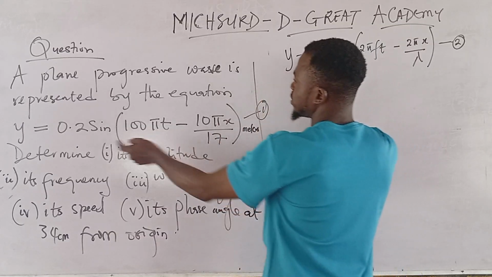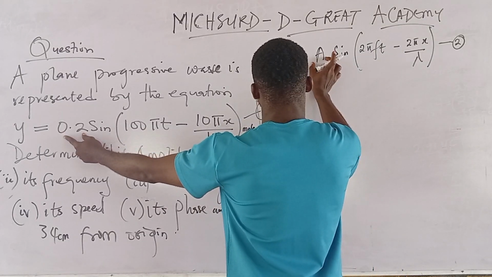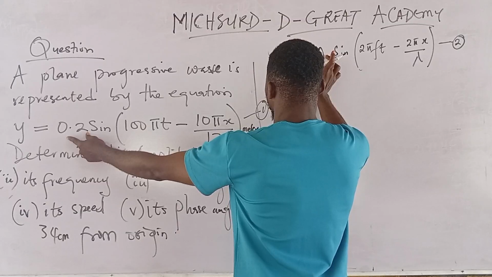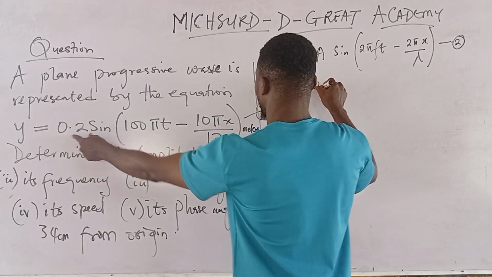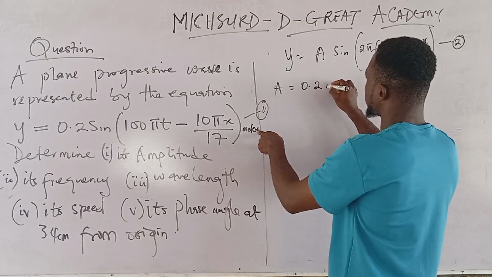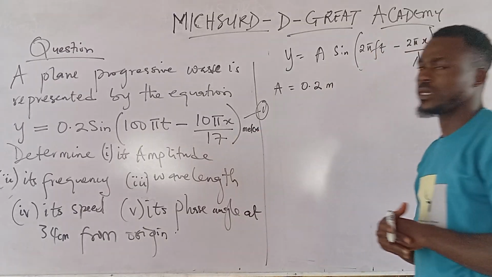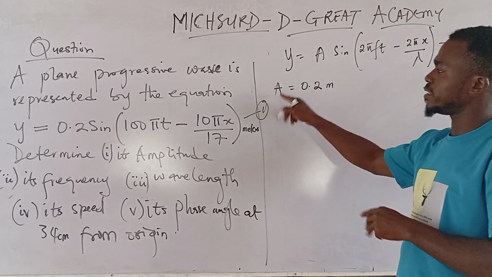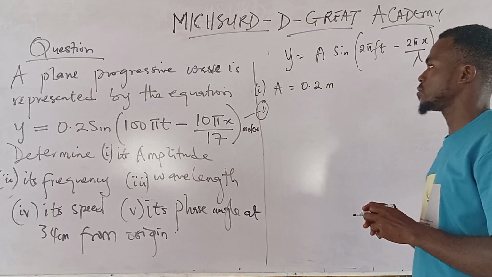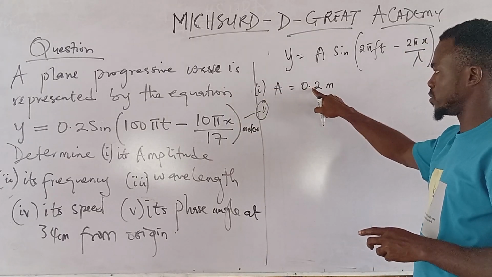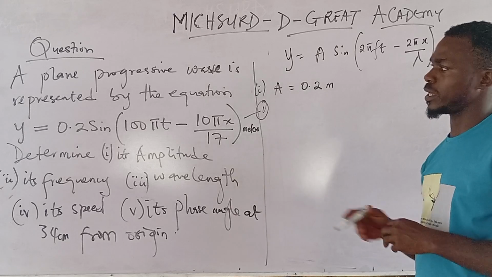So that means 0.2 is equivalent to A. So A is equal to 0.2. Since this is given in meters, the answer should also be in meters. A is the amplitude, so we have gotten the amplitude: A equal to 0.2 meters.